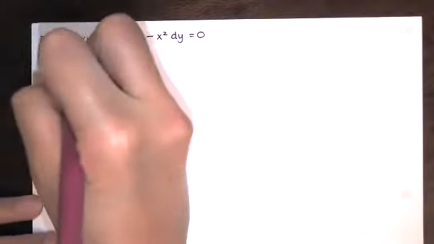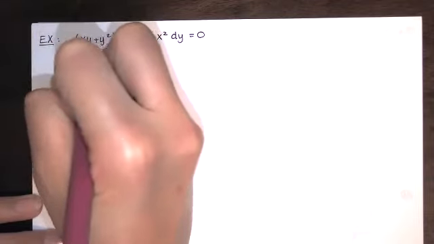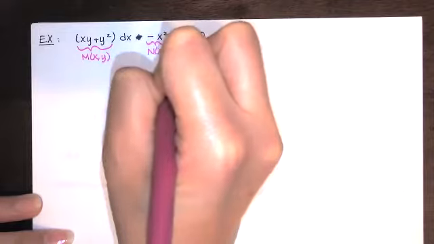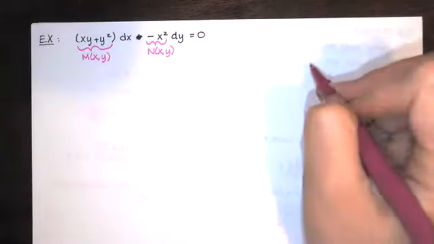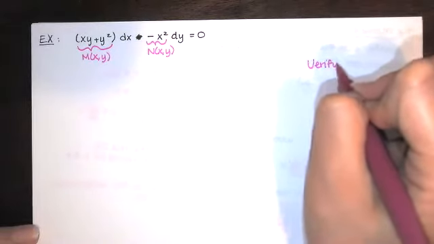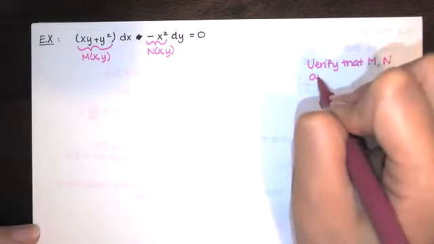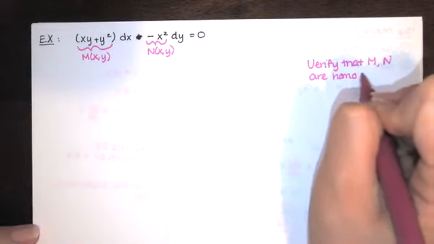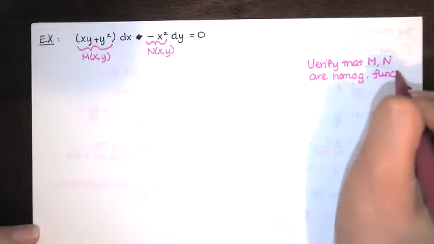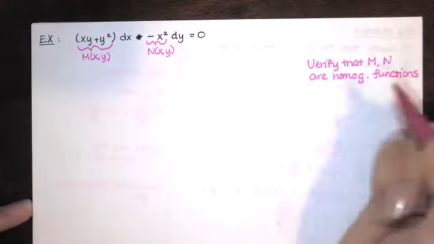So just to verify, I'm going to let m equal this function and let n equal this function. And the first thing I do is verify that m and n are homogeneous functions of the same degree. And because they're polynomials, I kind of already know the answer.